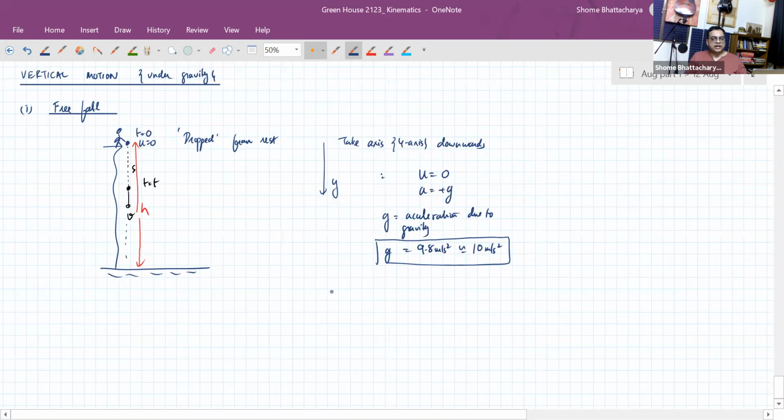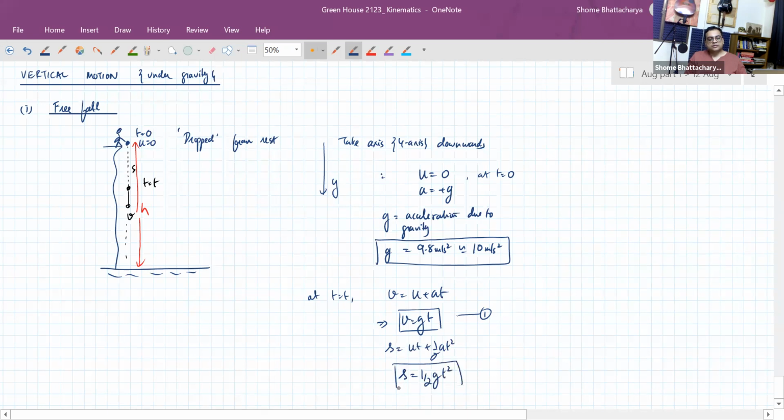So therefore we can see that at some time t, the velocity, which is u plus at, will become g into t. The displacement, which is ut plus half at square, will become half gt square as a function of time.